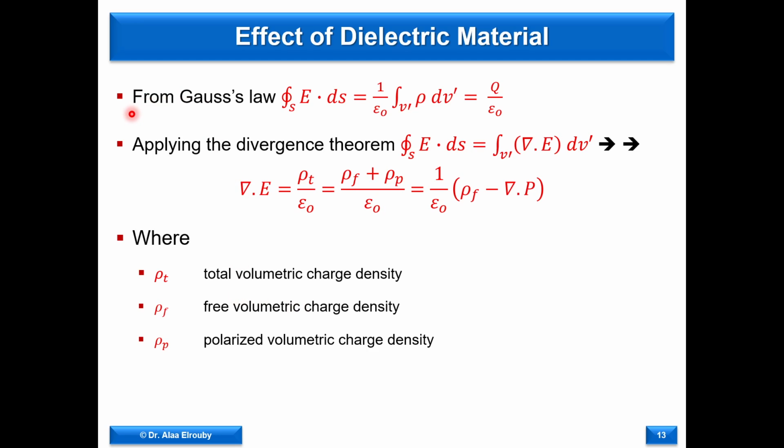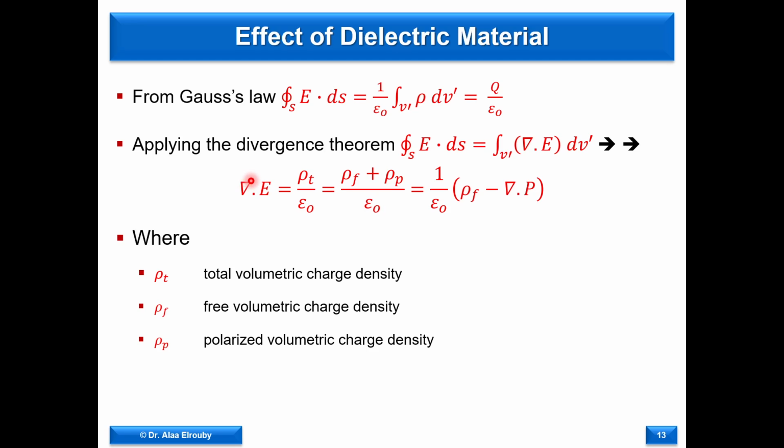We are trying here to characterize or model the effect of dielectric material. We have E dot ds over any closed surface equal to the total charge enclosed inside this surface. Now we have two kinds of charges. We have the free charges and we have the polarization charges.